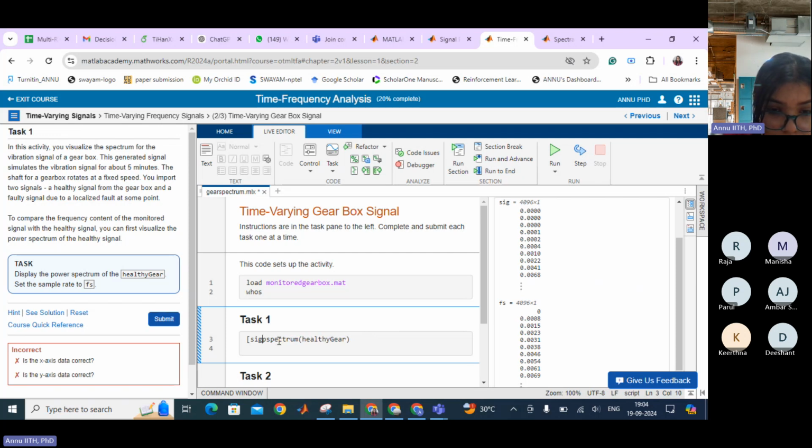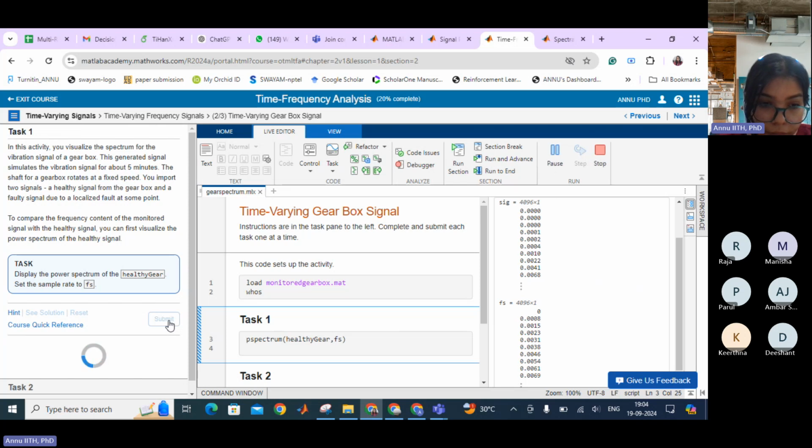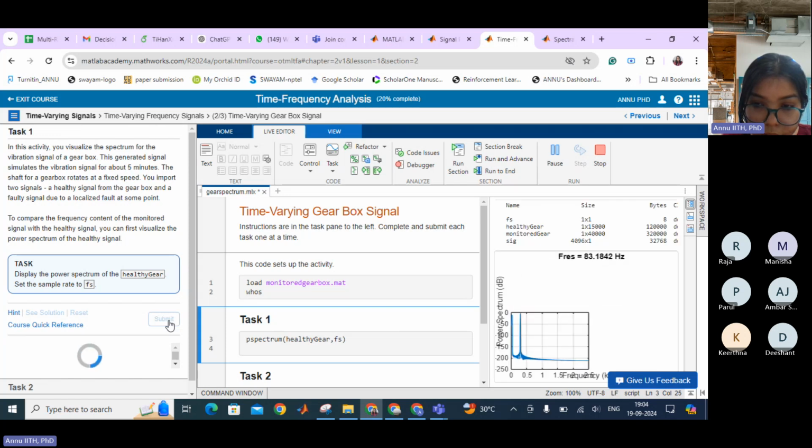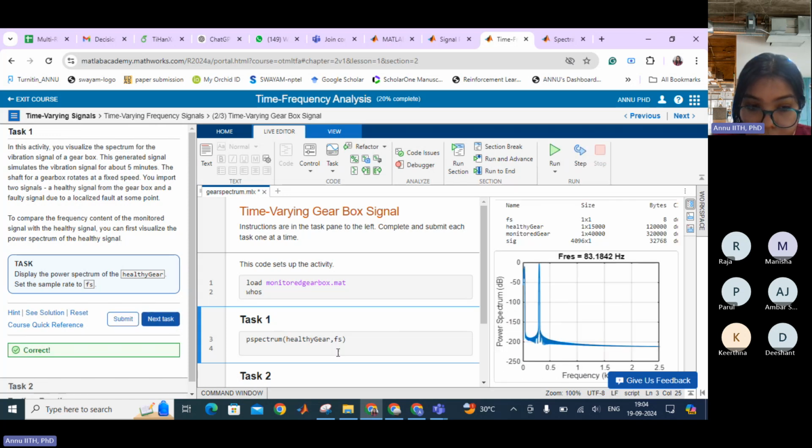So pspectrum, fs is already defined. It is inbuilt. So here we can see the power spectrum, and fs is already defined in this task.